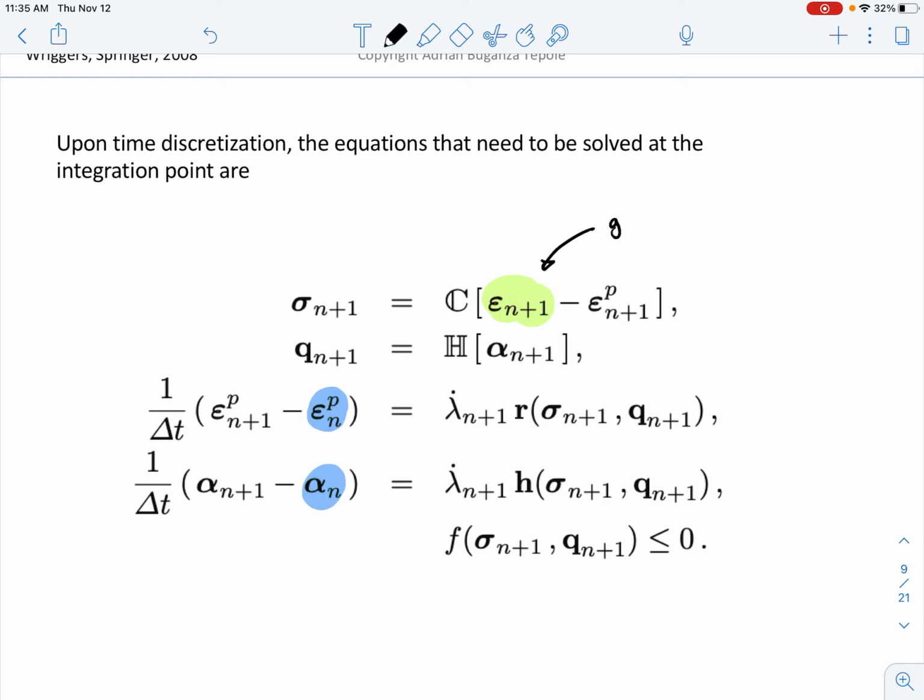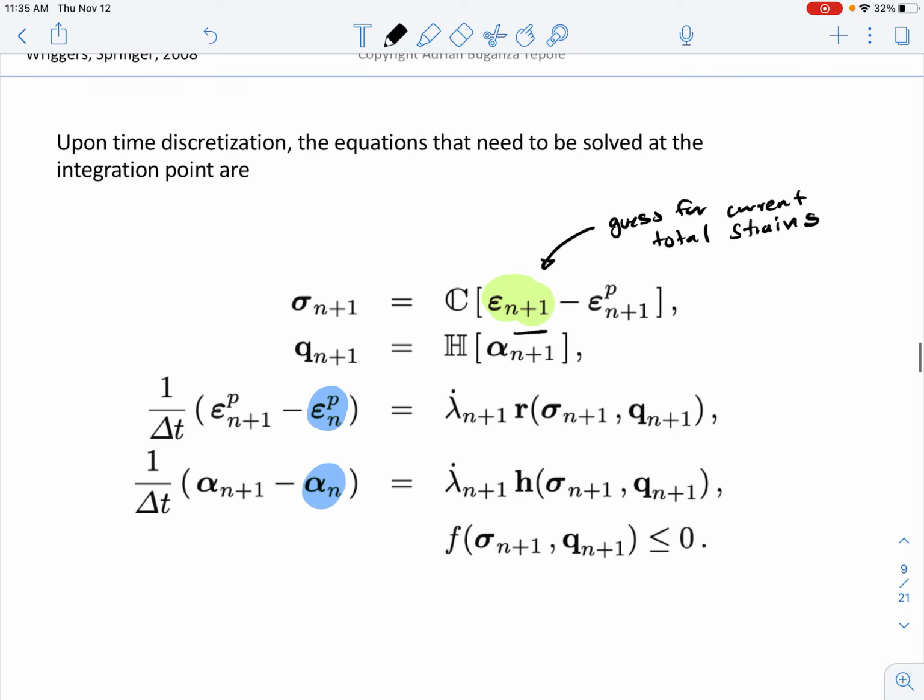So this is the guess for current total strains, and this comes from the global Newton iterations. If you think of your global Newton Raphson iterations, you have loop over elements and then loop over integration points. At the integration points, based on the total displacements, you can compute these total strains, right?